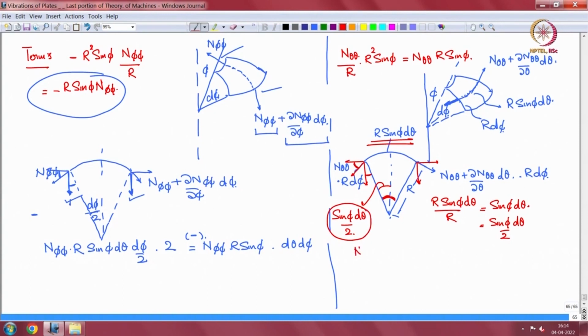So I have N theta theta, converted to r d phi, a force, into sin phi d theta by 2, and the same thing comes from here. This is a lower order term, we ignore it, so multiply by 2, so we get N theta theta r sin phi d theta d phi in the negative direction.